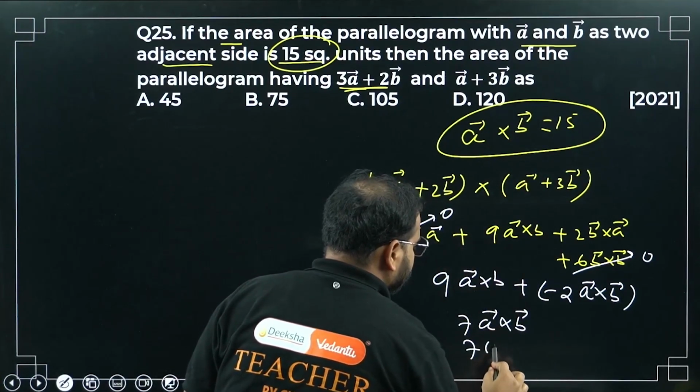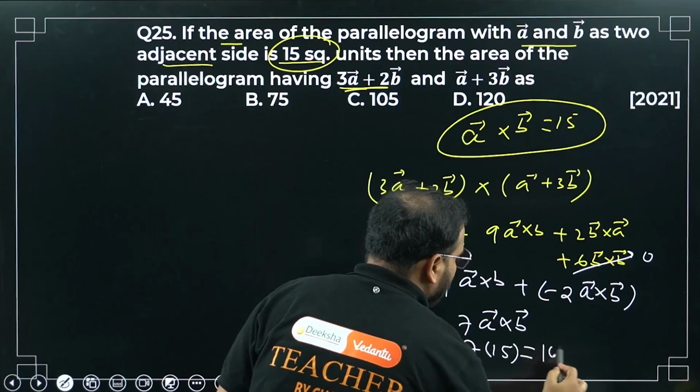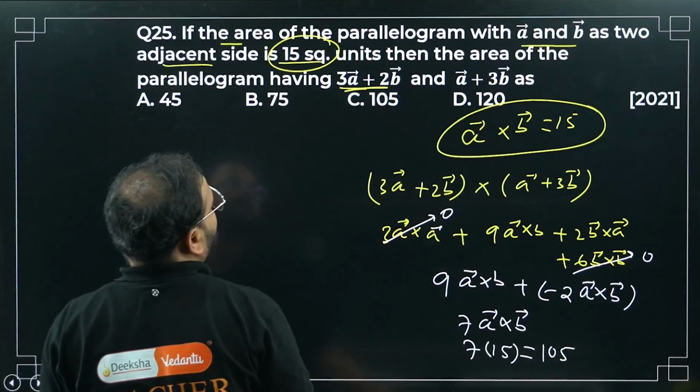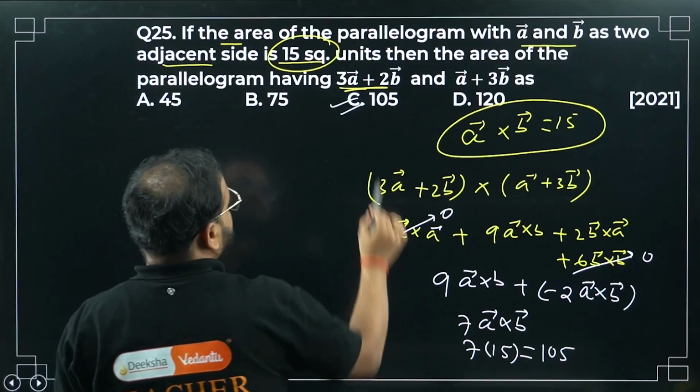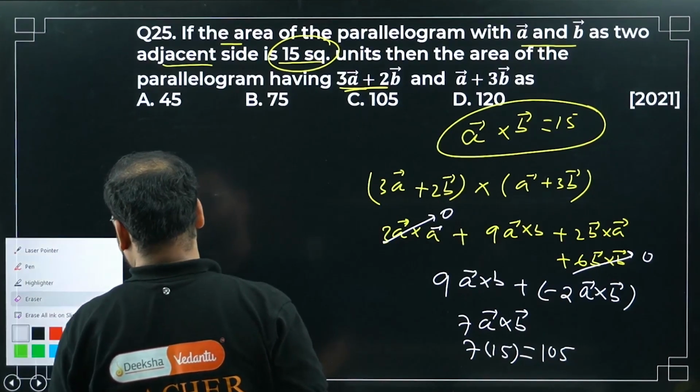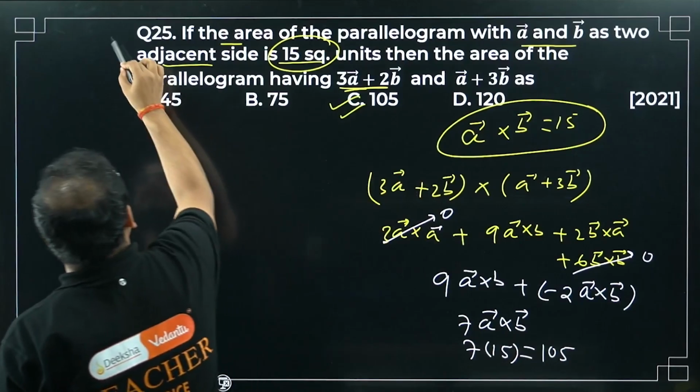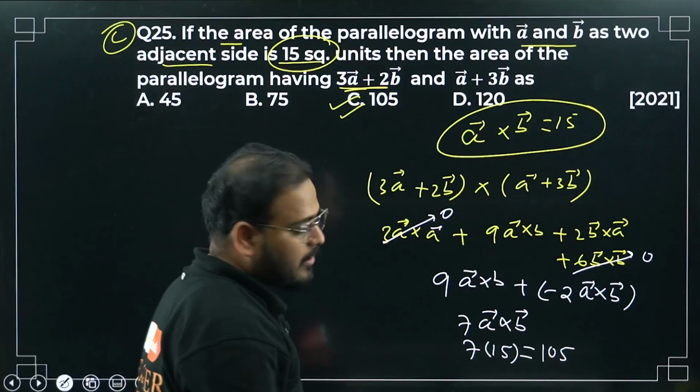So 7 times 15. How much is that? 105. Option number C. Looks complicated, but it is actually a very simple question. 105 is the final answer.